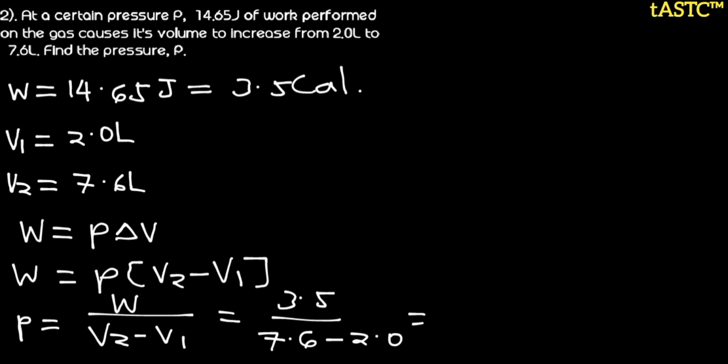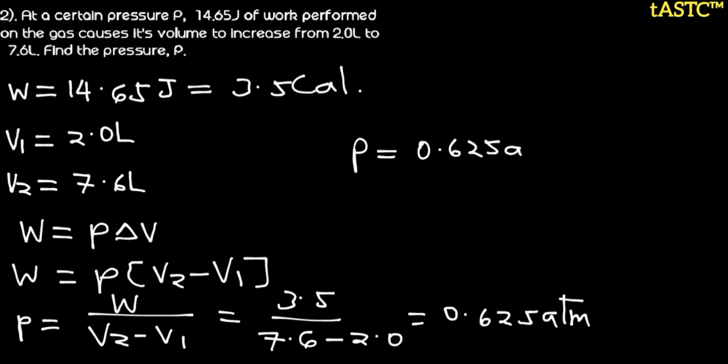So let us find out what the answer is. That is 3.5 divided by 7.6 minus 2.0. That gives us 0.625. So this is the answer to the question. The pressure is equal to 0.625 atm.